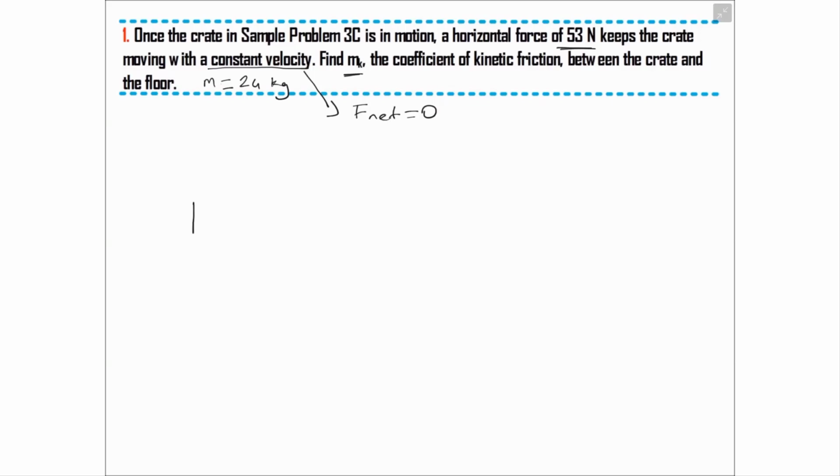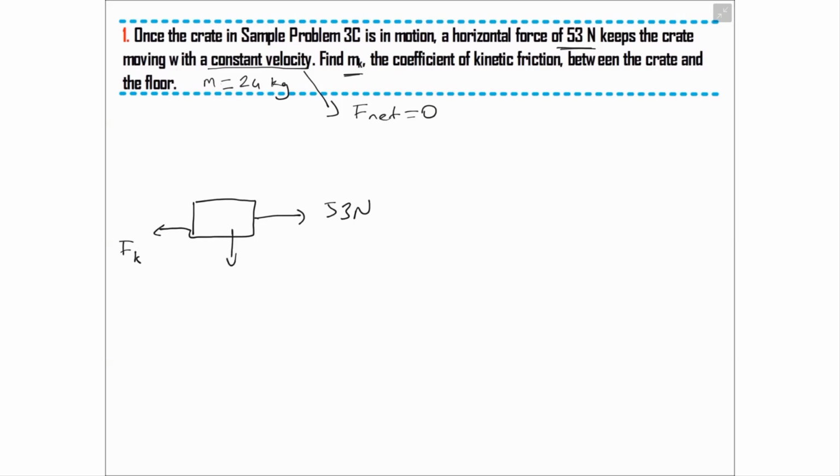So that means we have an object here. That object exerts a force of 53 Newton in this direction, and there is a force in the opposite direction, which is the kinetic friction force.